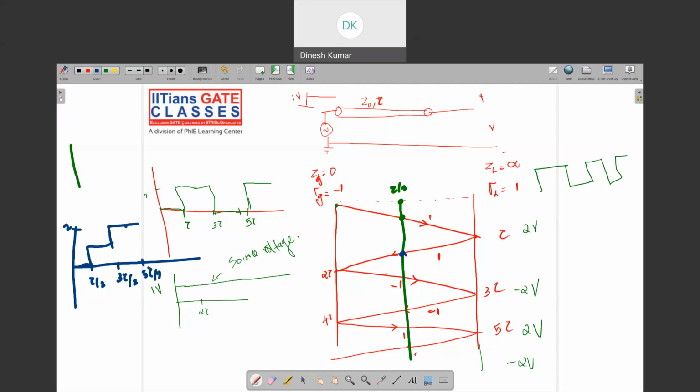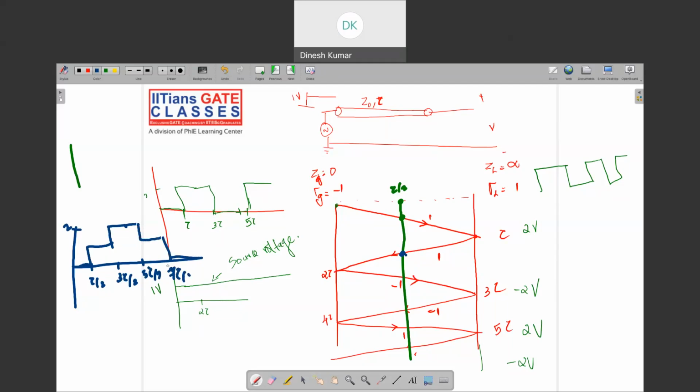At 5 tau by 2, it will get subtracted with a minus 1. So again it will go to 1. Then at something like 7 tau by 2, this will go to 0. Right. So we get some voltage like this.